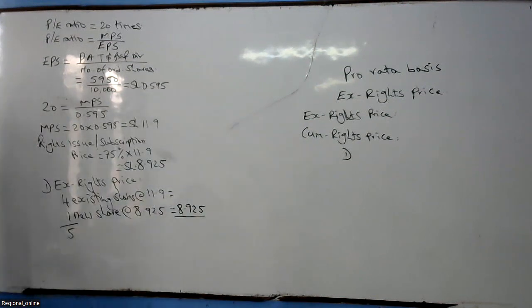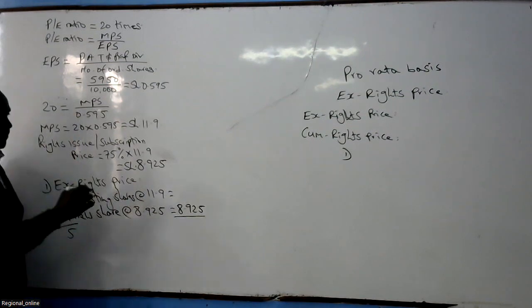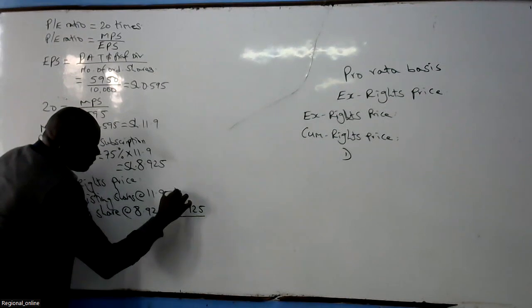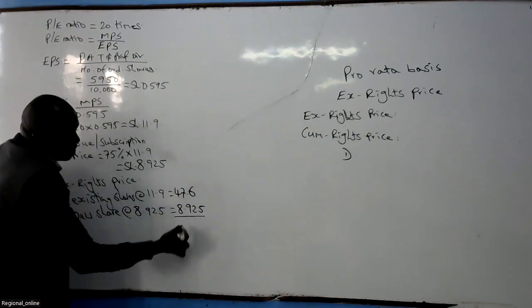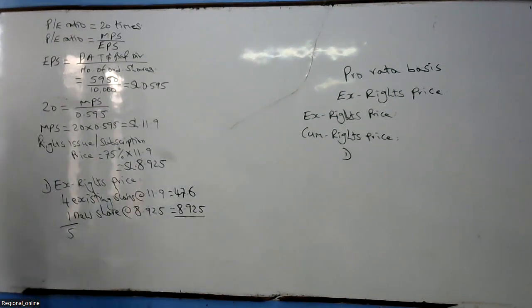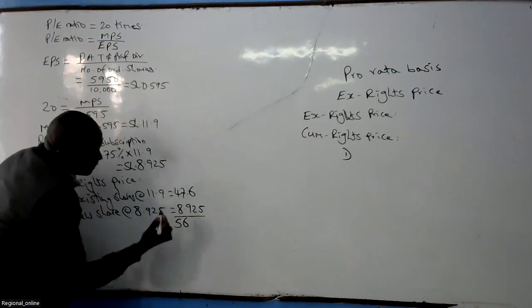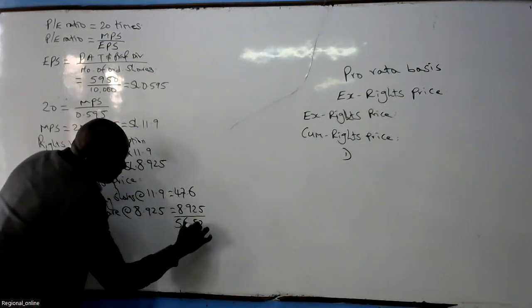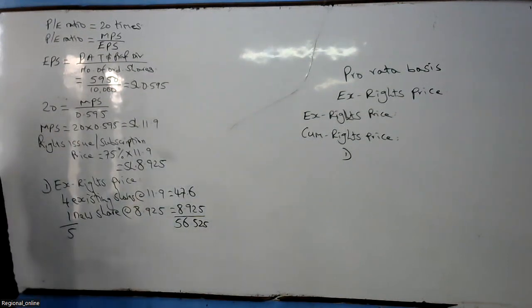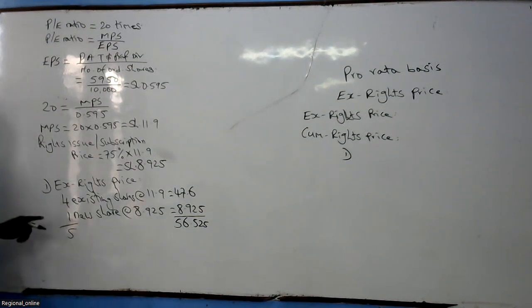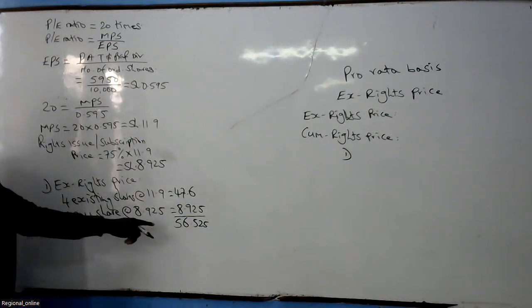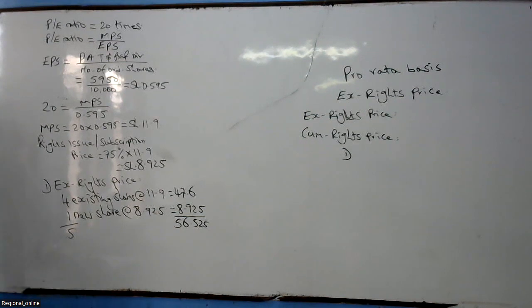4 times 11.9 is 47.6. You add plus 8.925. So at the end of the day, you'll have 5 shares whose total value is 56.525.